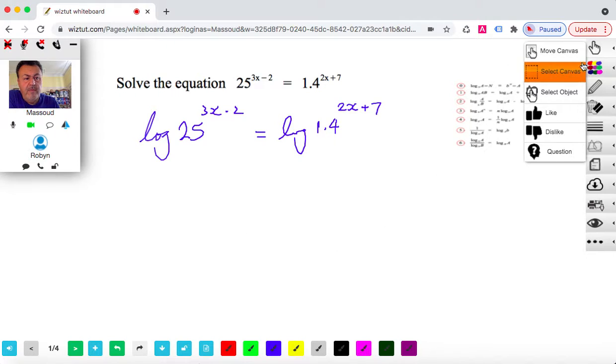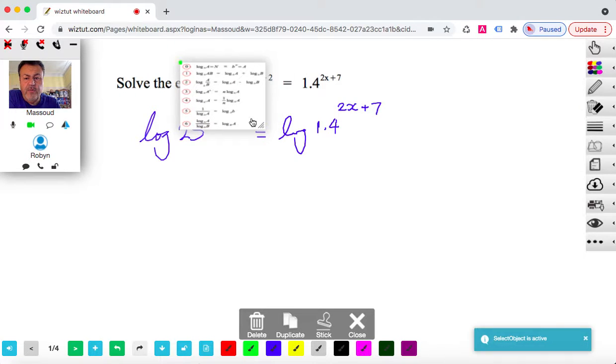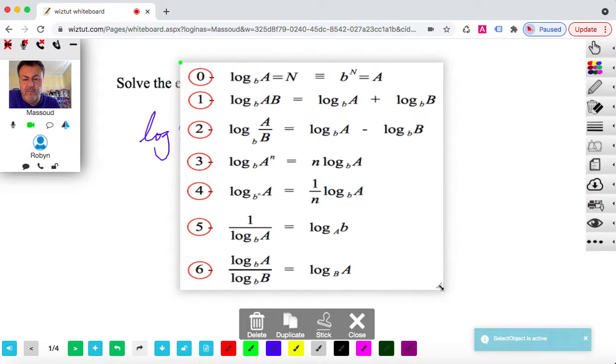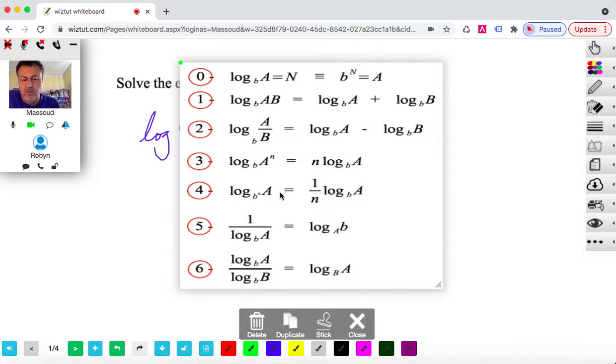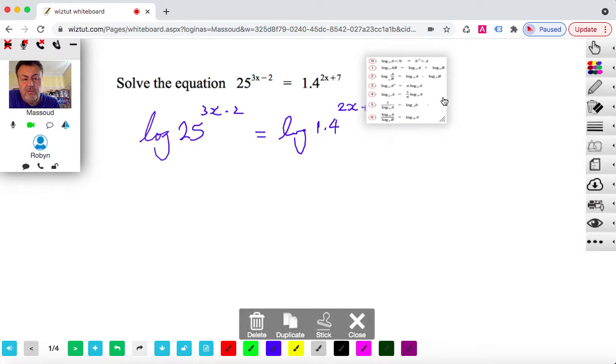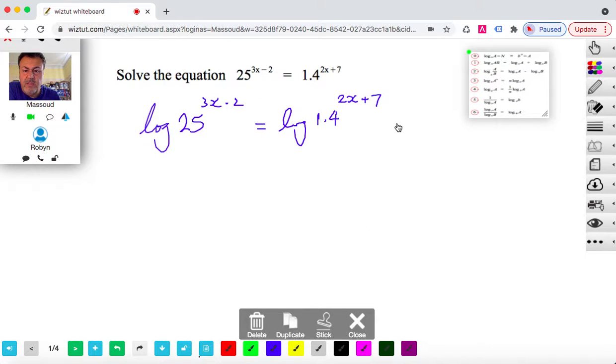If we do a quick review of the rules of logs that we know, when you have a subject to a power, this is rule number 3: the power becomes a coefficient. So let's put the rules on the side in case we need them again.